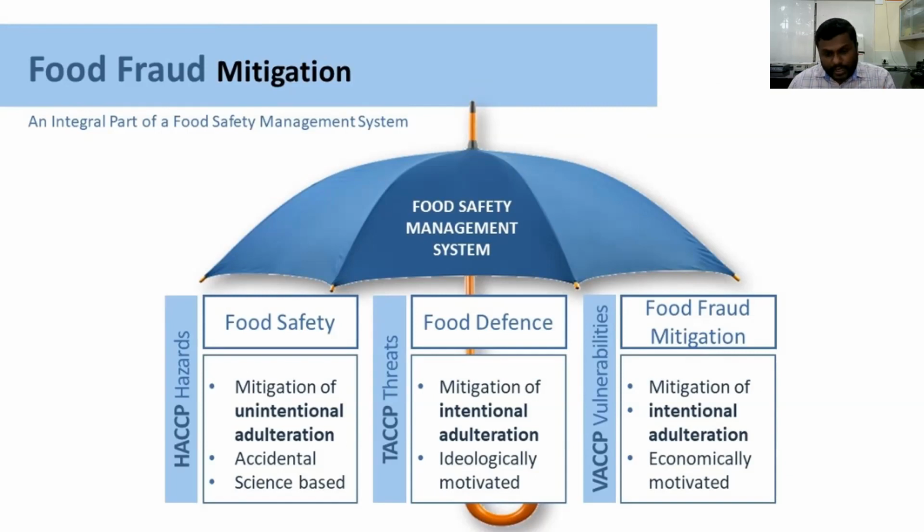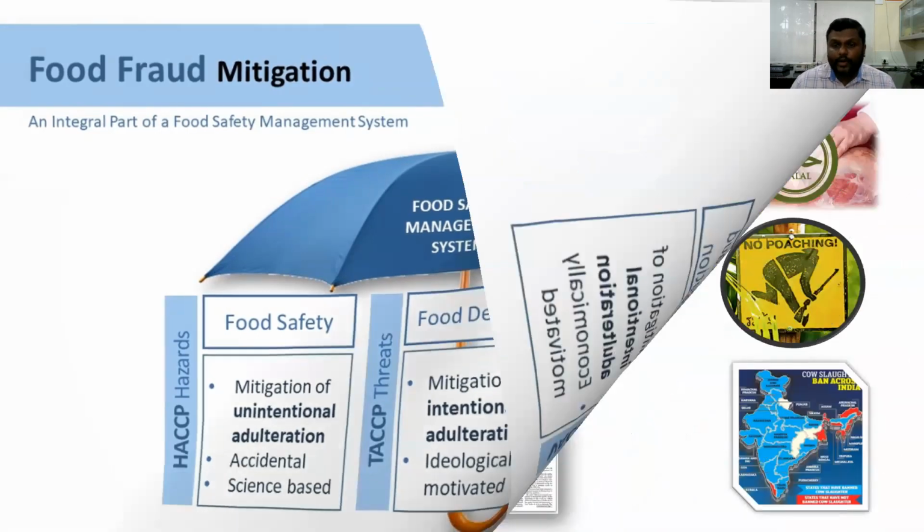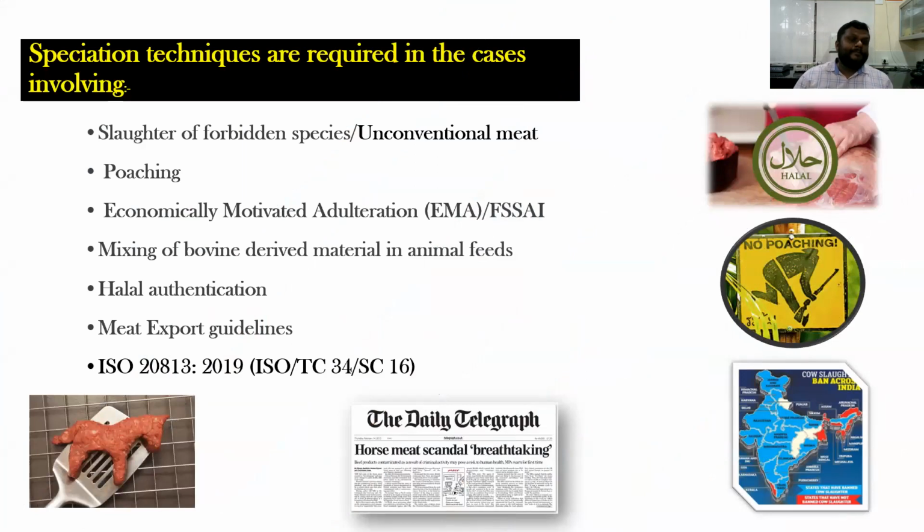In today's presentation we will mainly discuss these economically motivated adulterations. From the laboratory's point of view, we have many customers and are related to many regulatory bodies. The regulatory bodies decide the requirement and what test has to be performed.